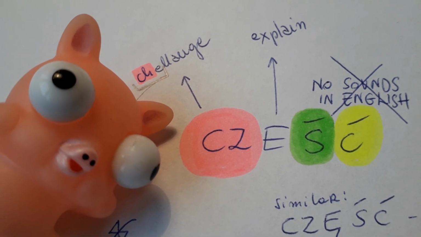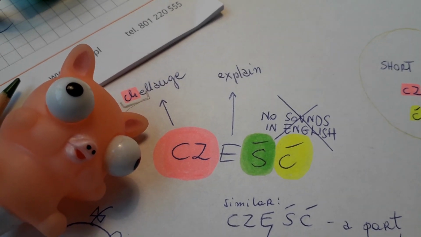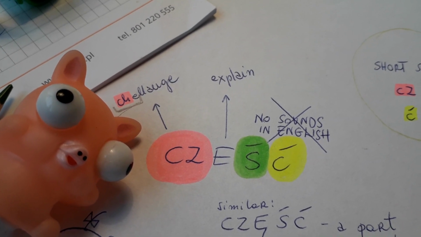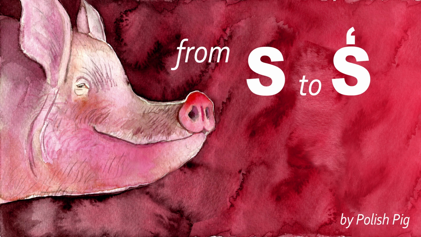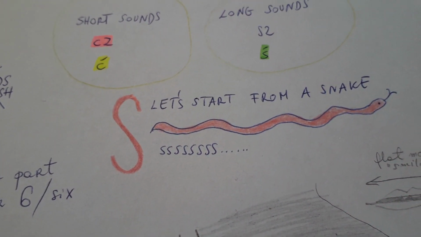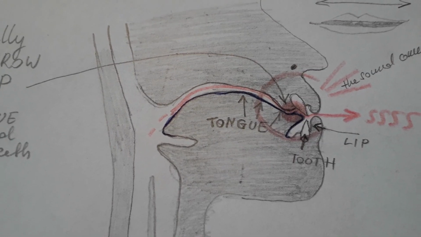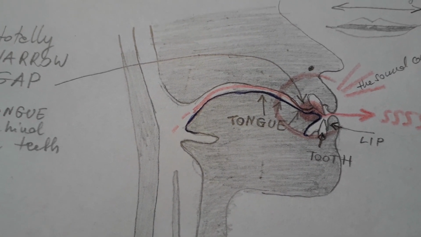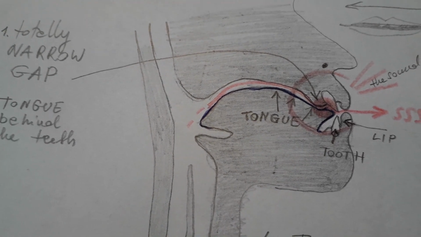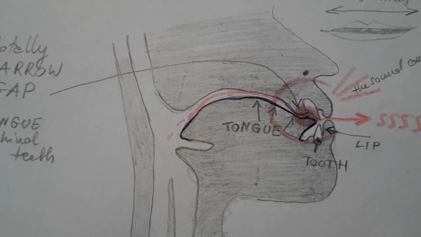Cze, cze. To teach you the pronunciation of ś and ć, I would start from the letter S and the sound s. Then it will be easier to compare it with the ś. Explaining the way of making sounds in Polish, you should focus on the tongue and the shape of your lips.